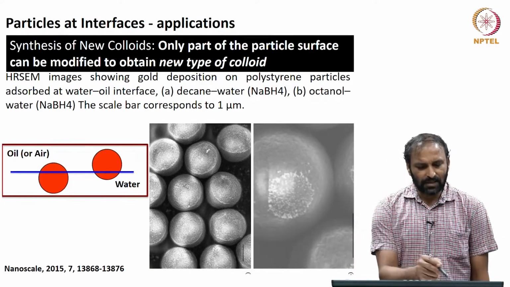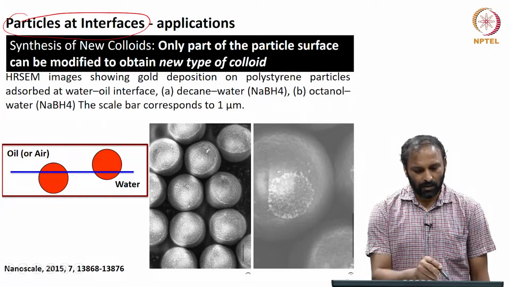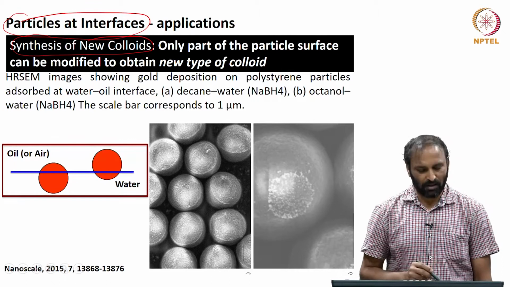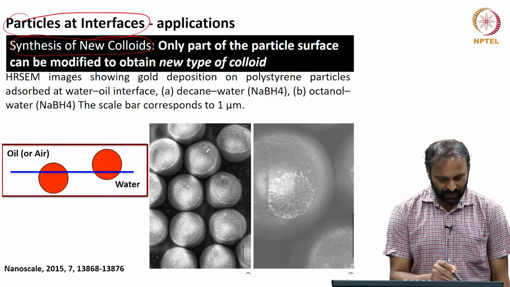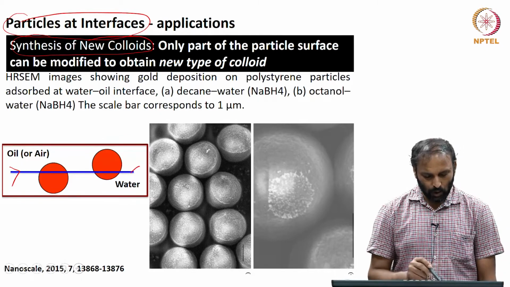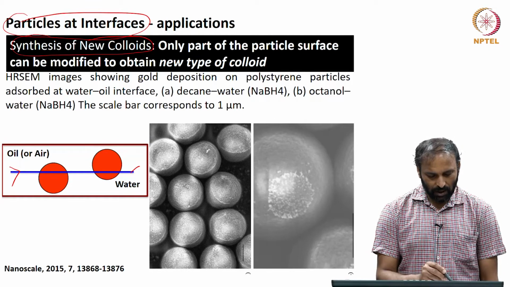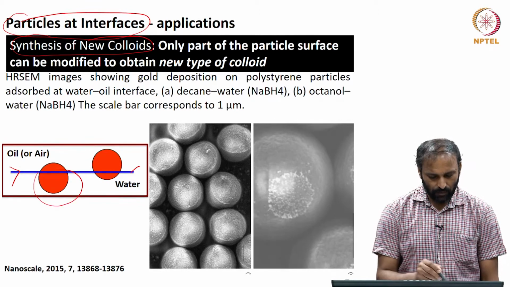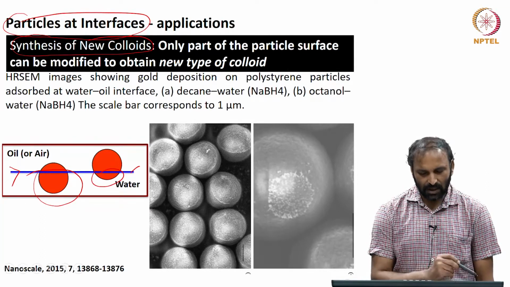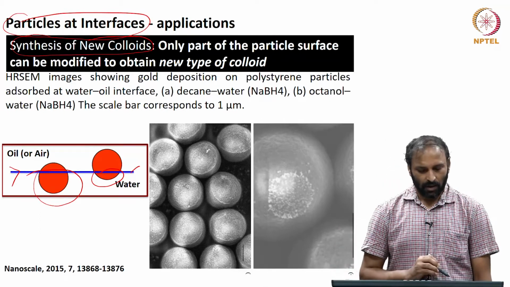So, the particles at interfaces concept can also be used to make new colloids. If you look at a schematic here, this blue line is the interface, and you have two cases where the particle is immersed more in the water phase, and in the second case it is immersed less in the aqueous phase.